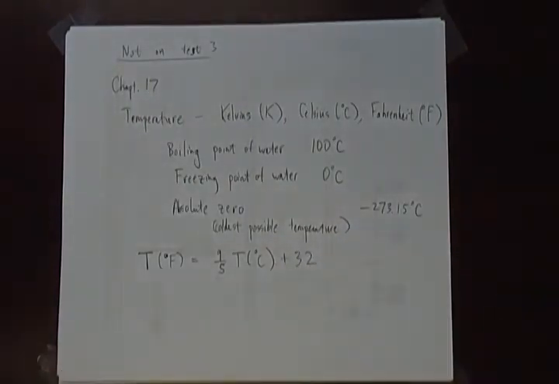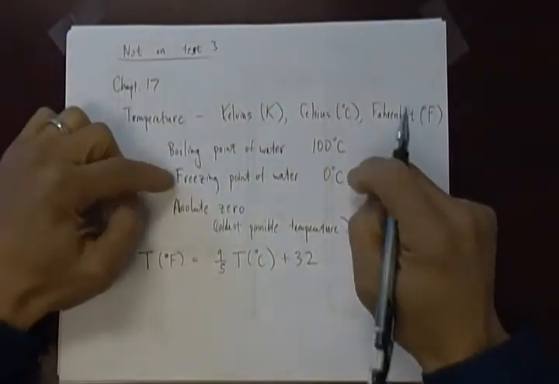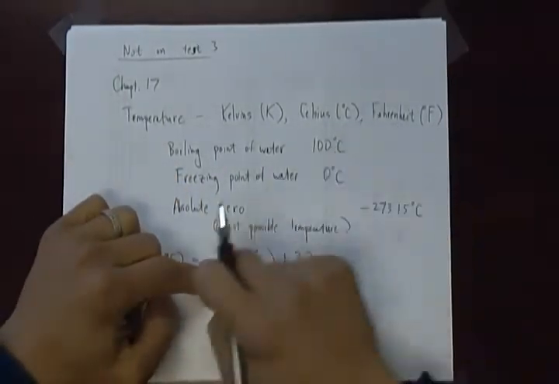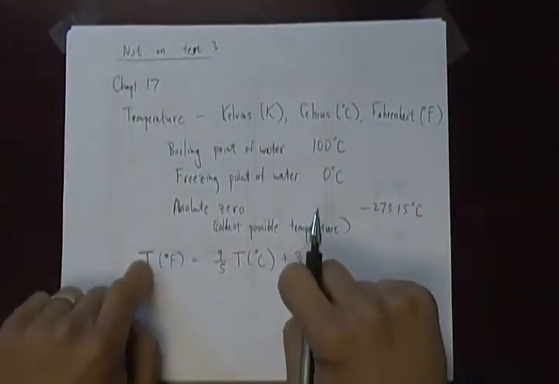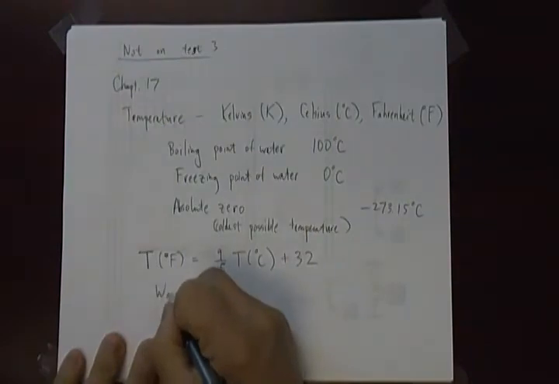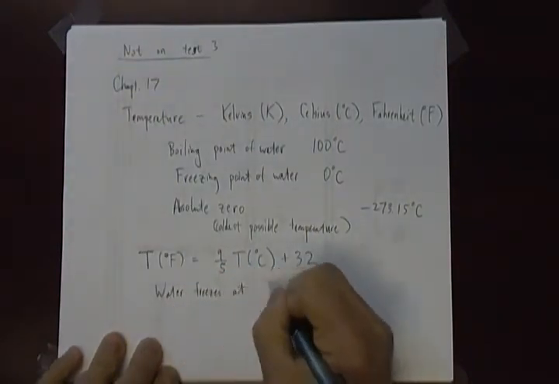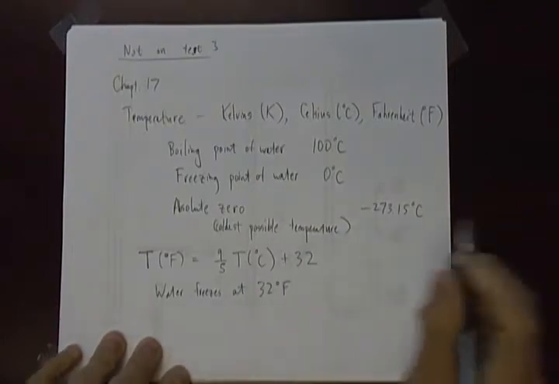So for example, if we want the freezing point of water in Fahrenheit, we take 9/5 of 0, which is 0, plus 32. So the water freezes at 32 degrees Fahrenheit.